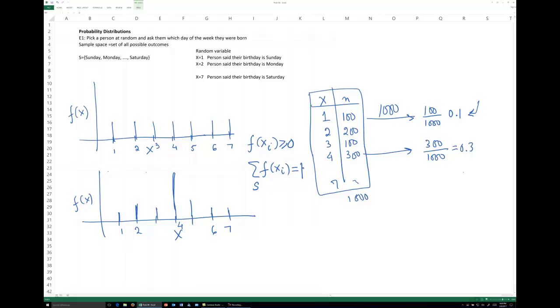But notice one thing: in this experiment, the outcomes are certainly discrete, but they're also finite. I know that there are 7 outcomes. If you reflect on it a little bit, if you have an experiment that has a finite number of outcomes, by definition, it has to be discrete. You can't have a continuous distribution with a finite number of outcomes.